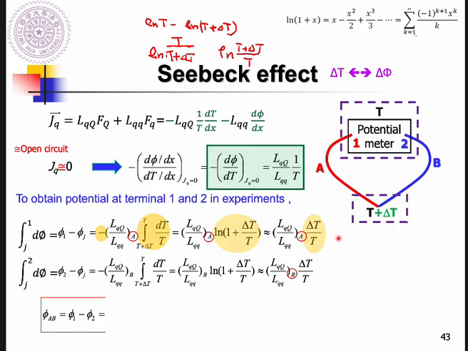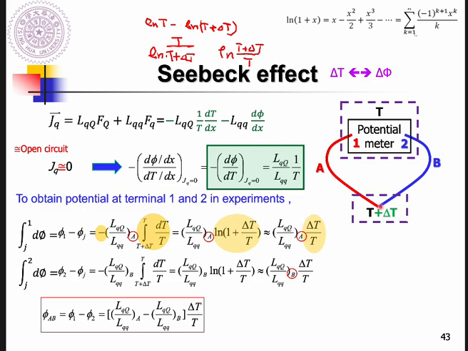So I have this equation minus this equation, so I will have phi 1 minus phi 2. So this minus this one, just copy here. So this is our result. We successfully got the relationship between the measured voltage and the temperature difference.